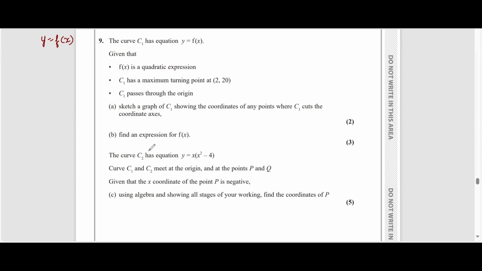What I'm going to do is, first I'm going to find the expression for f of x, and then I'm going to sketch the graph here. The maximum turning point is given. If the maximum turning point is given, we know the method: y is equal to a into (x minus p) the whole square plus q, where p and q are the maximum point.